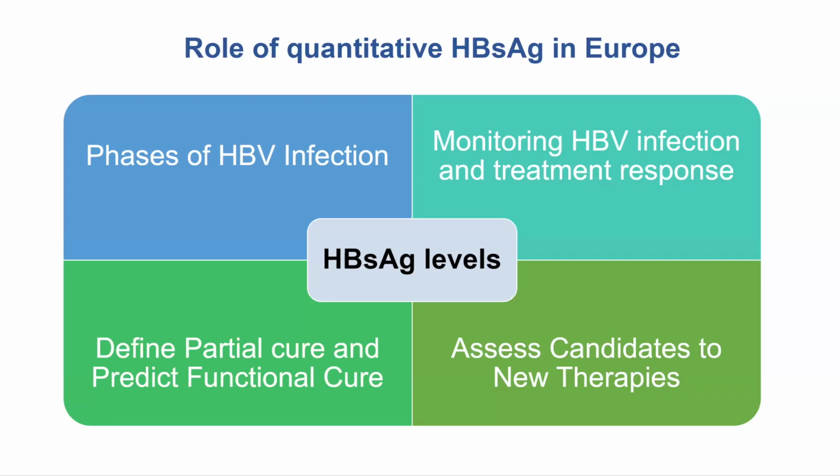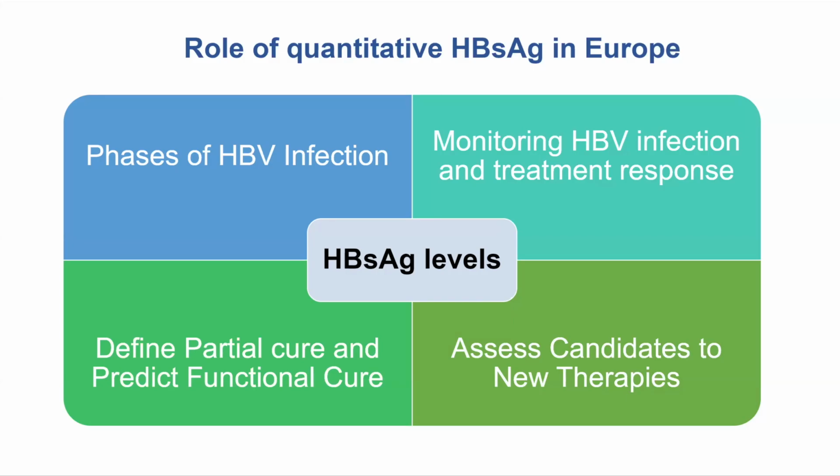We use HBs antigen levels to determine the different phases of the infection, to define partial cure and predict functional cure, to monitor HBV infection and treatment response, and regarding the new treatments, particularly to assess candidates for these new drugs.